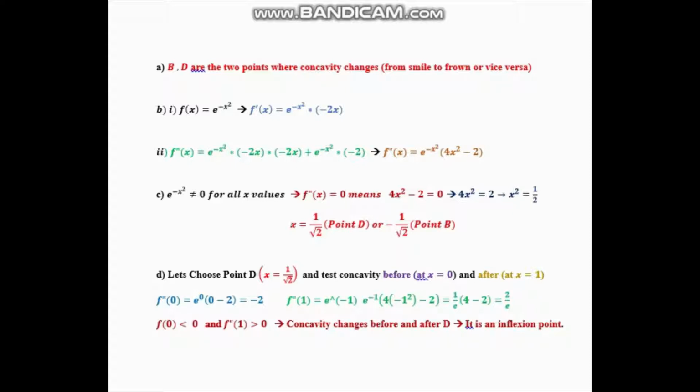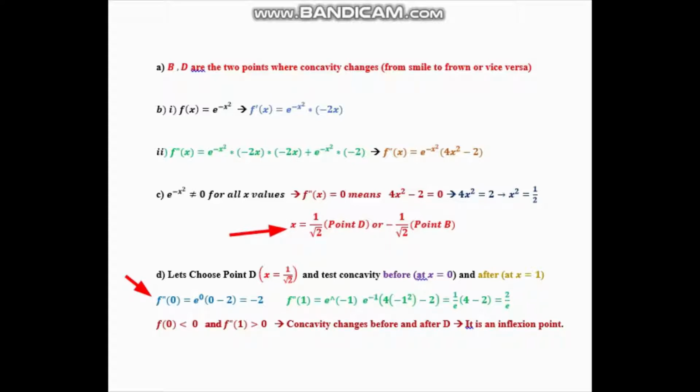So in order to prove that it's a point of inflection, I need to test 2 properties: that f double dash is 0 and that f double dash changes sign. In order to test that f double dash changes sign, I'm going to do this immediately, right there. However, the fact that f double dash is 0 is the property that we use to derive the point.